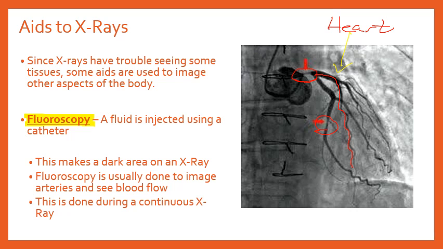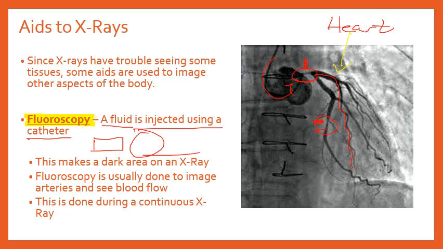And you can only see this because they are injecting a dye through the arteries so that you can see what's going on. So that's what fluoroscopy is. It's when we use a special fluid that gets injected using a catheter. Remember, that's the tube that we insert inside of your arteries.